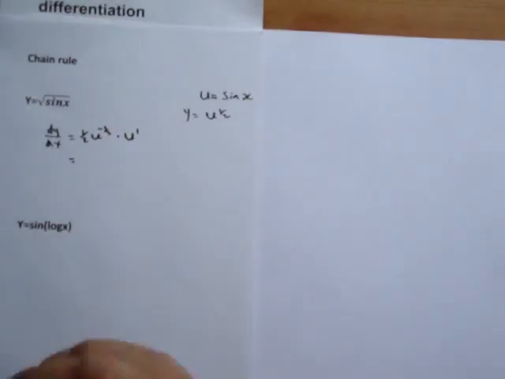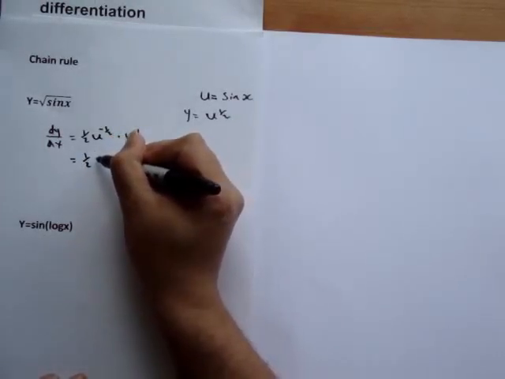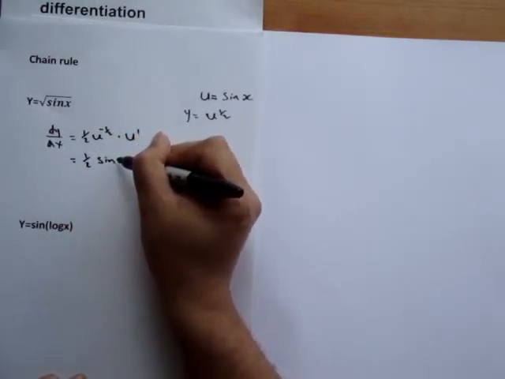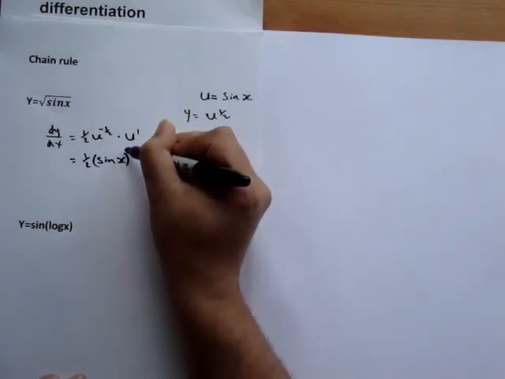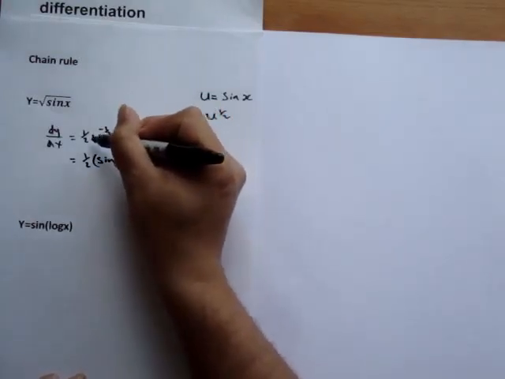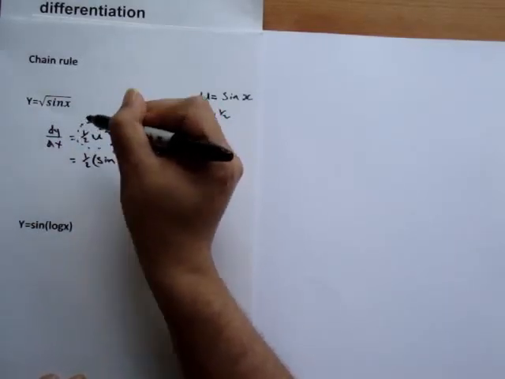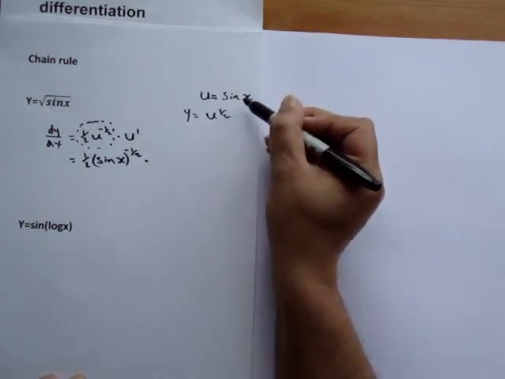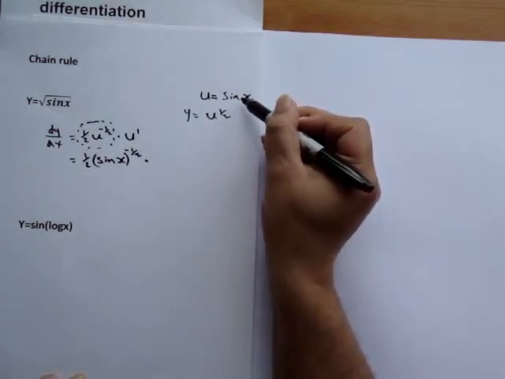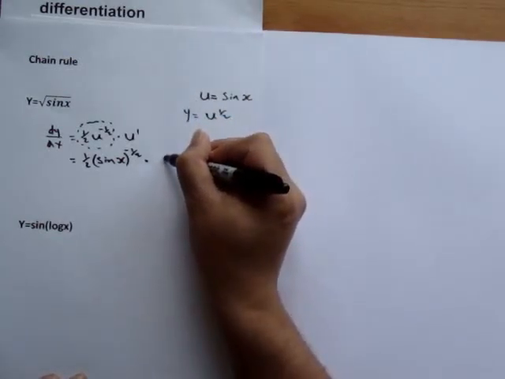Now this equals a half sine x, which remains the same, to the minus a half. So this is this term, and we multiply that by u prime, and u prime is, when we differentiate sine of x, we get cos x.